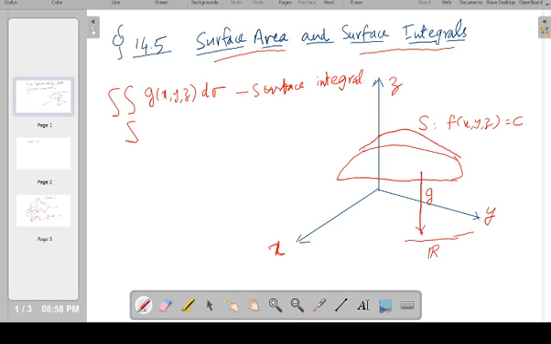I want to obtain the area of the surface S. So let me remove this G, I don't want this G. And look at the shadow region in the plane z equal to 0. Z equal to 0 means the xy plane. This is the shadow region. It will be denoted by, let us say, R.